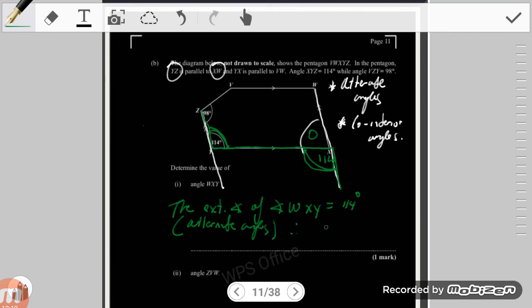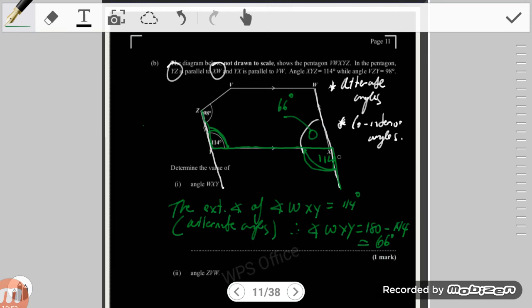And then the conclusion: therefore angle WXY is equal to 180 minus 114, which is equal to 66 degrees. So this angle would be 66 degrees. The reason for getting the 66 degrees is simply that angles at a point on a straight line measure 180 degrees.